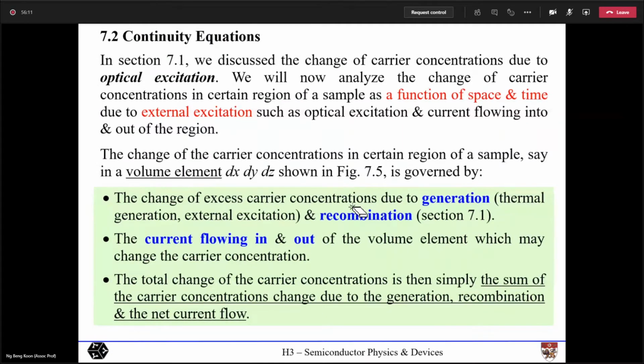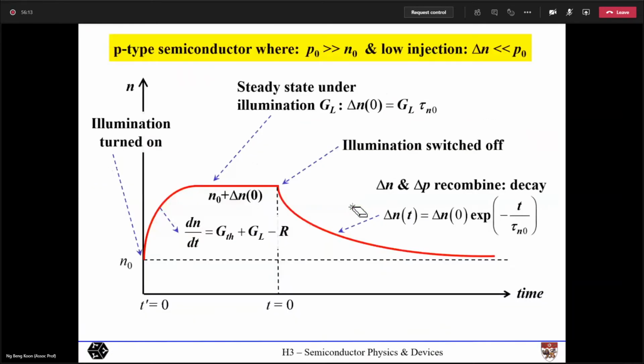Hello, Professor. For the previous one, the generation, can I assume the generation rate due to illumination is constant? It's independent of other factors. From the moment illumination is turned on, it reaches the steady state.